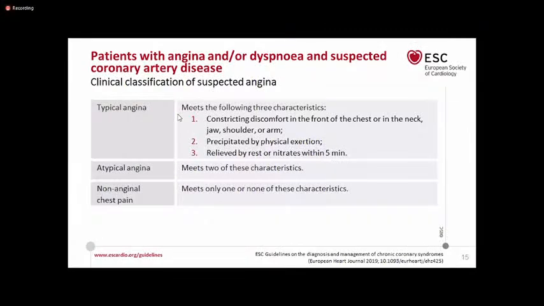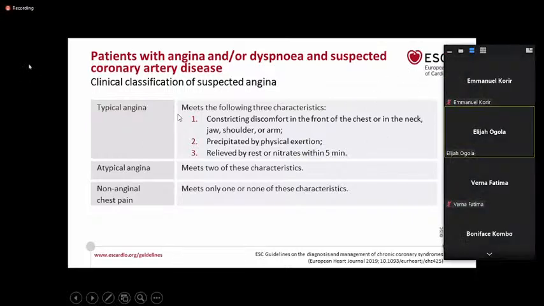This is something that summarizes what I've just said in the previous slide with respect to typical angina, which is borrowed, as you can see there, from the guidelines for managing chronic coronary syndromes from the European Society of Cardiology.